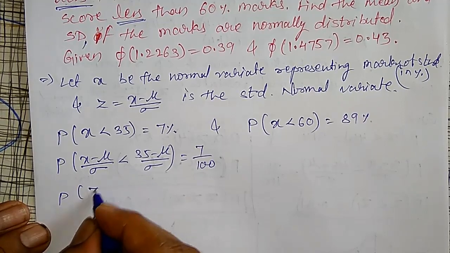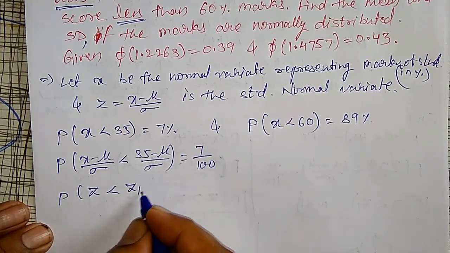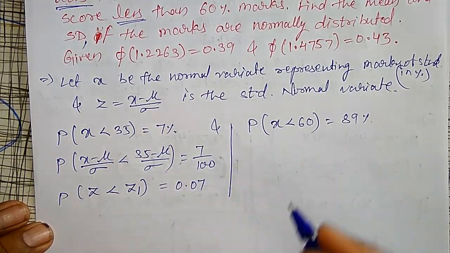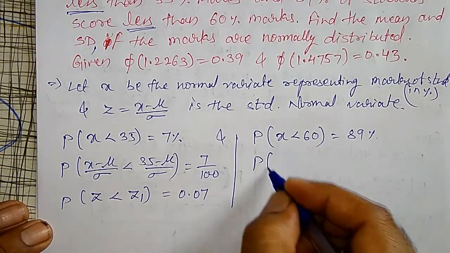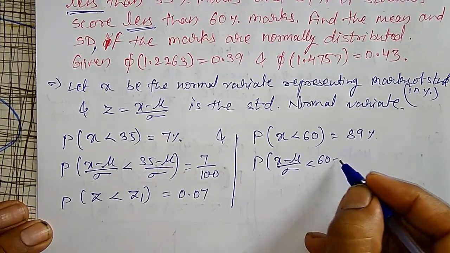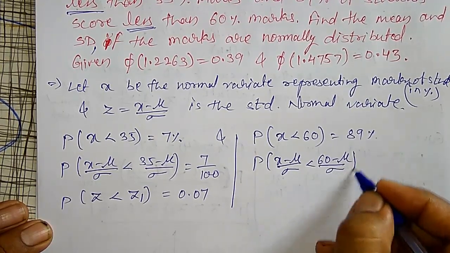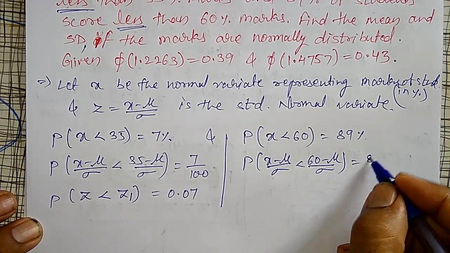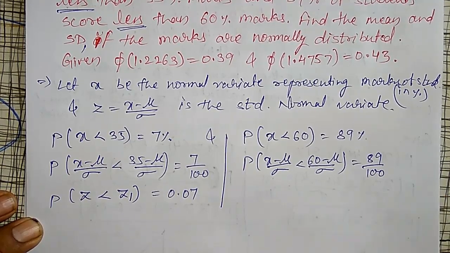Therefore, probability of z less than z1 is equal to 0.07, and similarly what is given here is probability of (x minus mu) divided by sigma less than (60 minus mu) divided by sigma equal to 89 divided by 100.